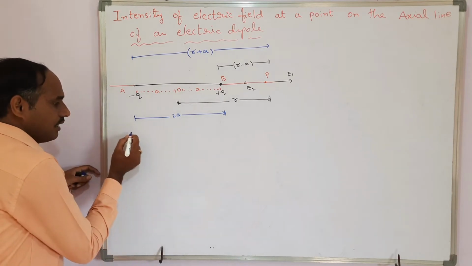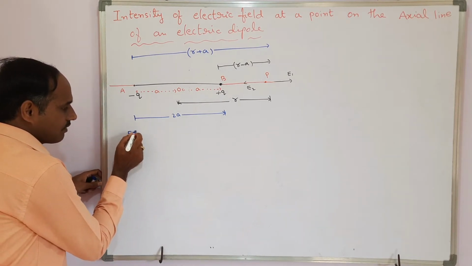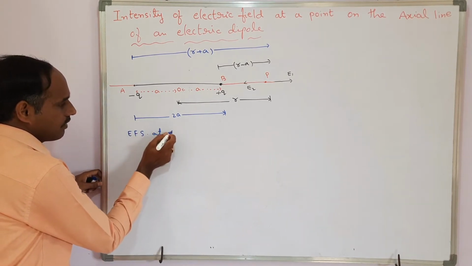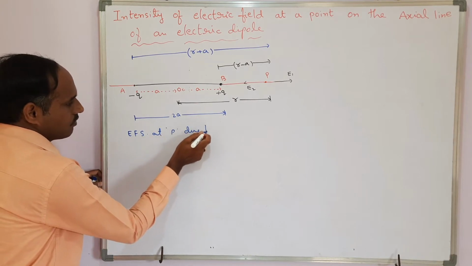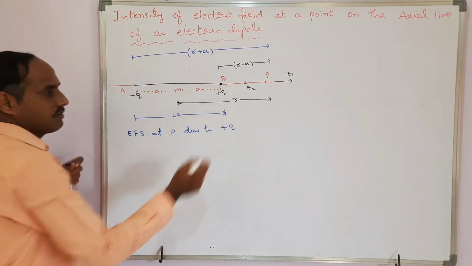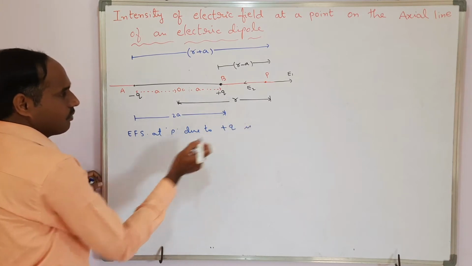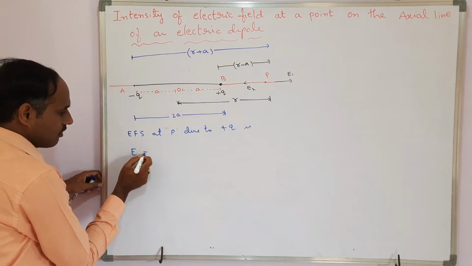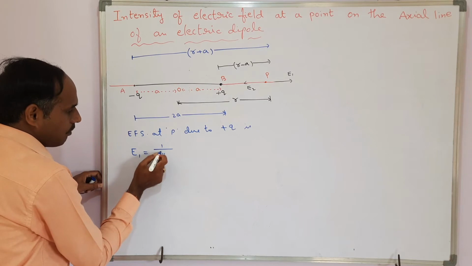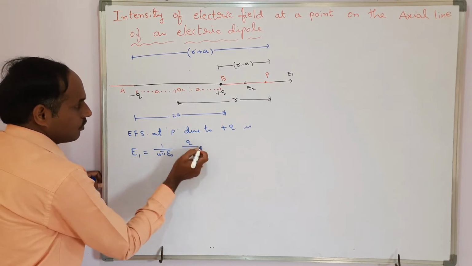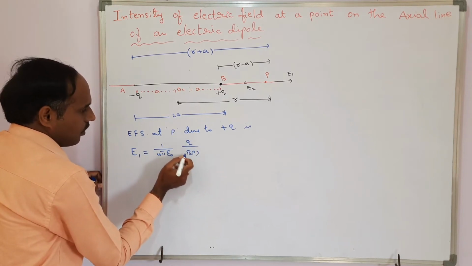At first, the electric field strength at P due to the plus Q charge, we can write E1 is equal to 1 by 4 pi epsilon into Q by BP whole square. Why?